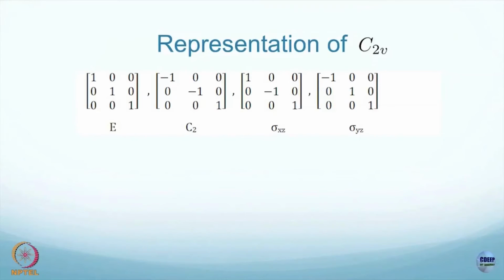So, this is what we will call a matrix representation for the same C2V group. For C2V you can write a multiplication table. The same multiplication table will be satisfied by the matrices.